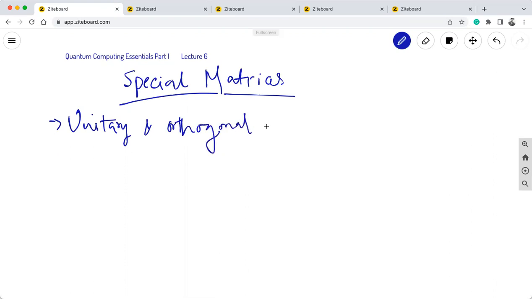We'll define a particular category of matrix known as the normal matrix.